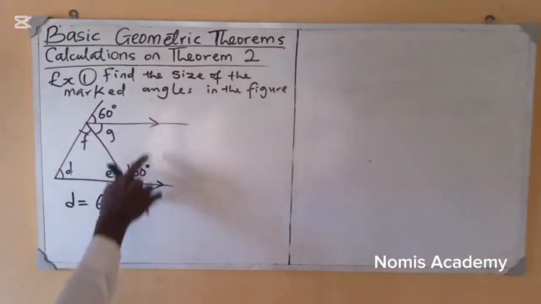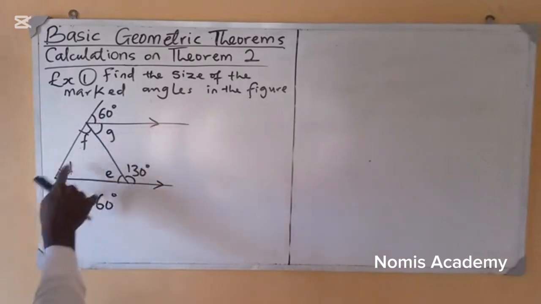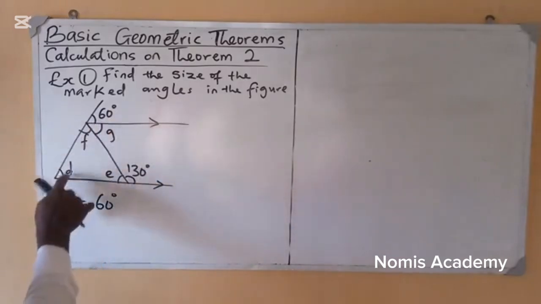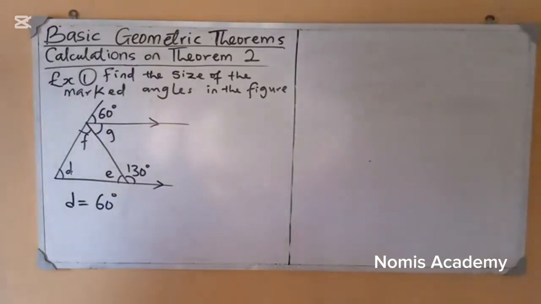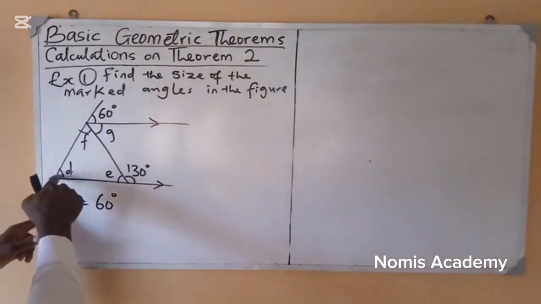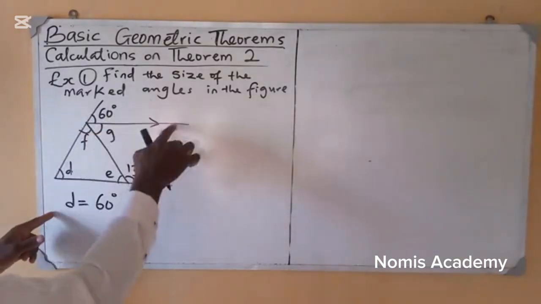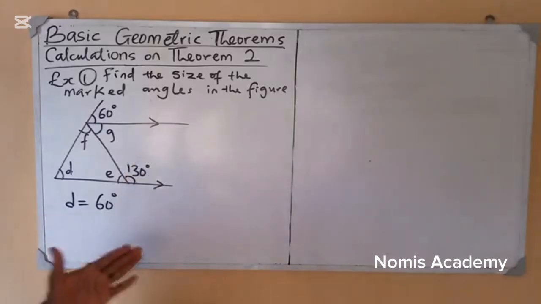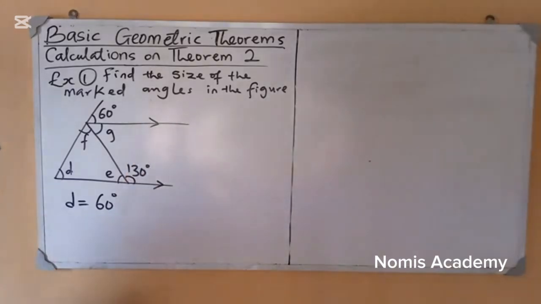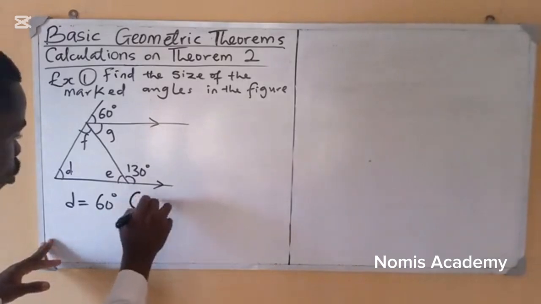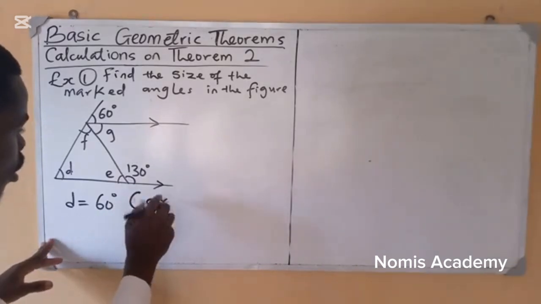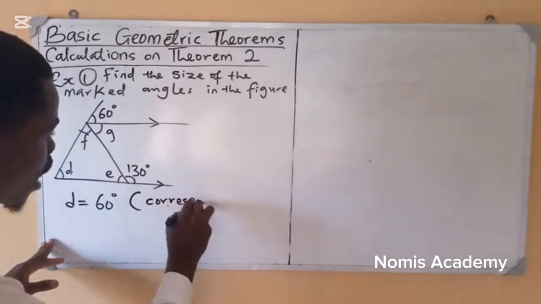You can see these two lines are parallel, and you remember the first elementary theorems I explained in the previous video that says that when you have angles like this facing themselves, when you have two parallel lines, those angles are said to be corresponding angles. So the reason is they are corresponding angles.